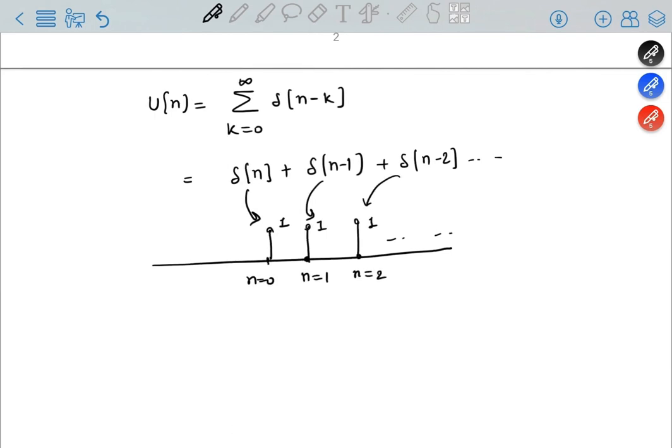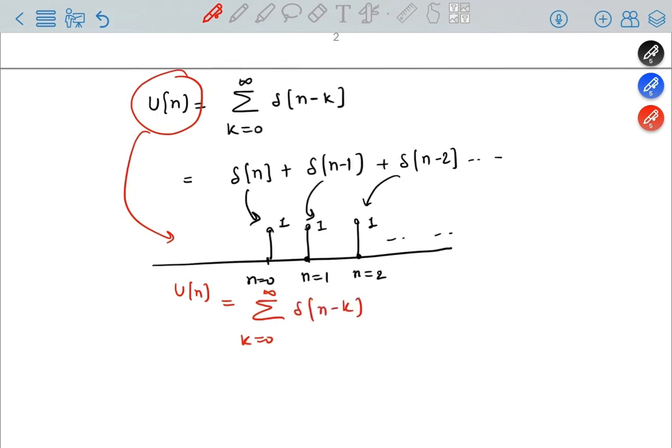Indirectly, we are getting the unit step signal. So this will be your u of n, which is actually the summation k equal to 0 to infinity of del of n minus k. So the shifting property can also be used to understand this relationship.